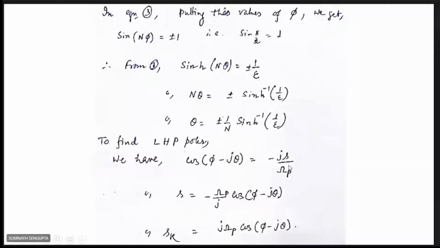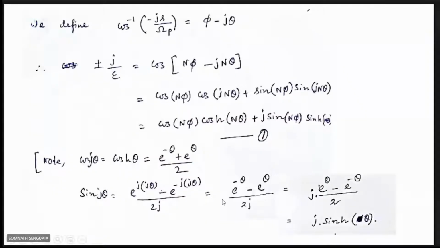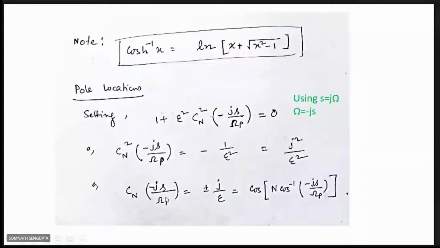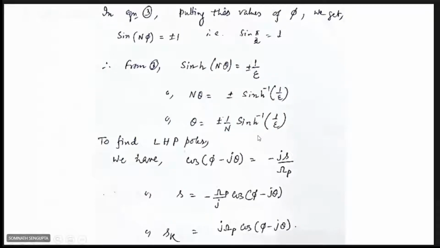We started this discussion with cos of n cos inverse of minus js by ωp, which is now equal to minus js by ωp, cos of φ minus jθ.